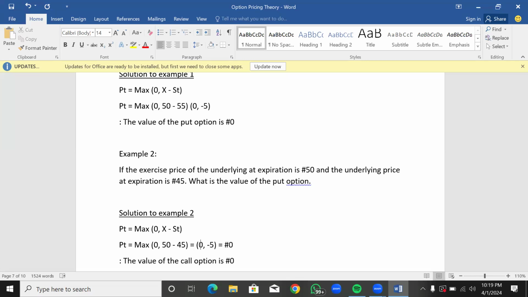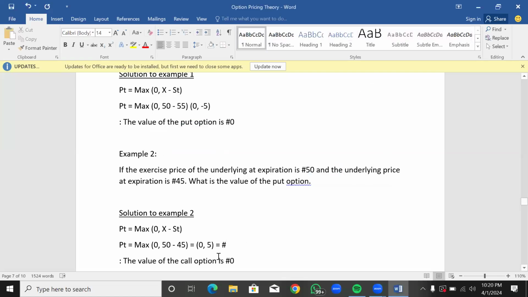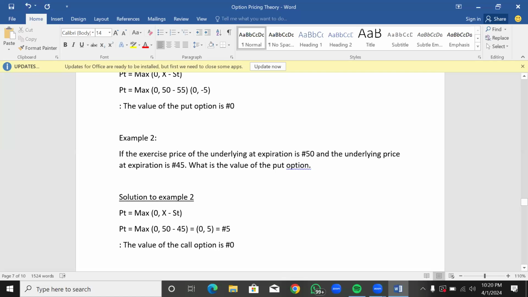So that means I have 0 and 5 here. So automatically I have 5. So the value of the put option is what? 5. The put option is 5.